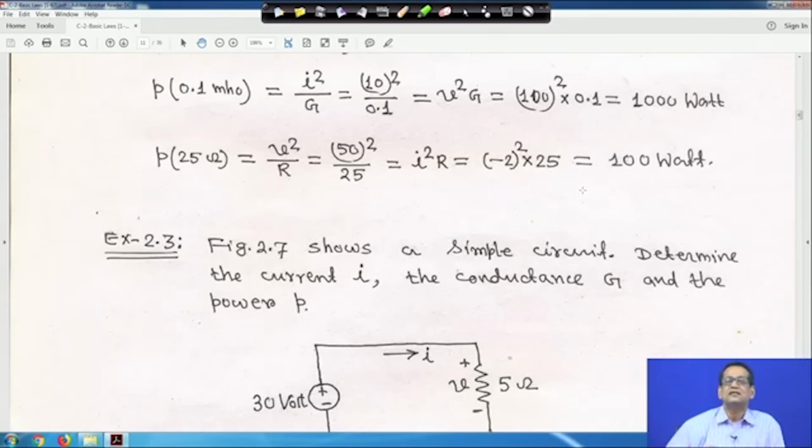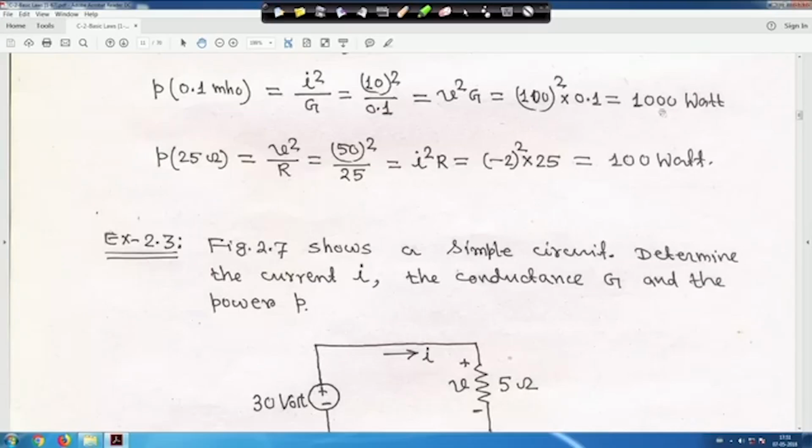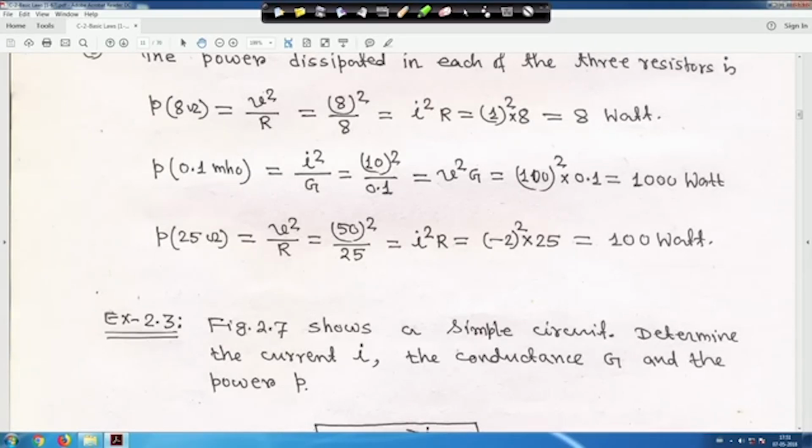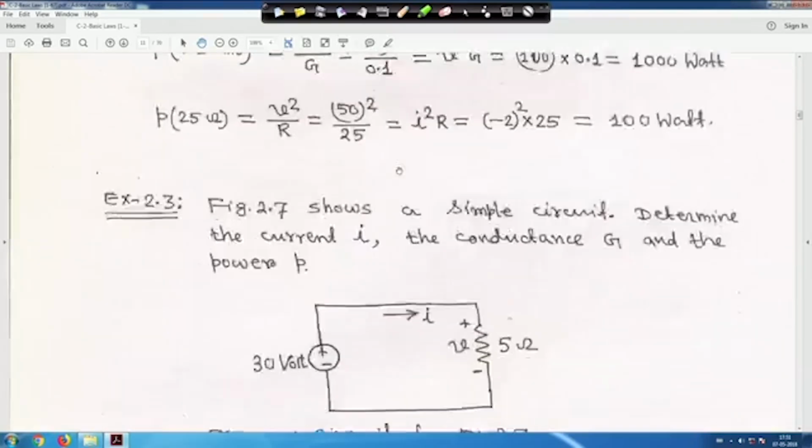I told you that whatever may be the direction of the current or the polarity of the voltage, the power absorbed by a resistor, its sign will always be positive. So in all these cases, 8 watt, 1000 watt or 100 watt, the resistor is actually absorbing power, right.